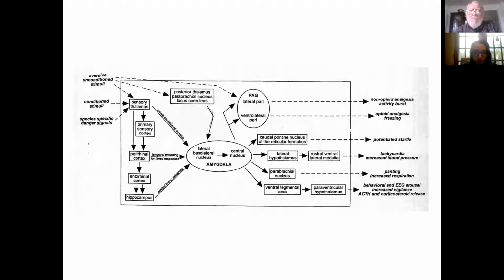And what you can basically see is the lateral part of the PAG will produce non-opioid analgesia and activity bursts. What do I mean by activity bursts? In this kind of case, you're basically talking about what is called agonistic behavior.